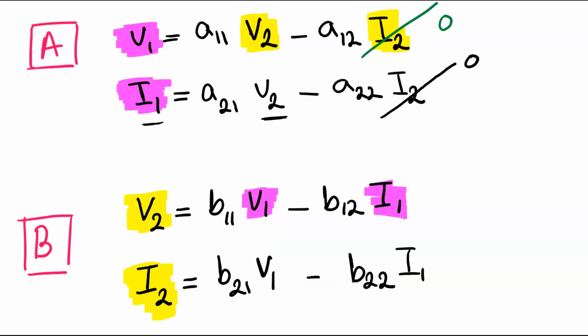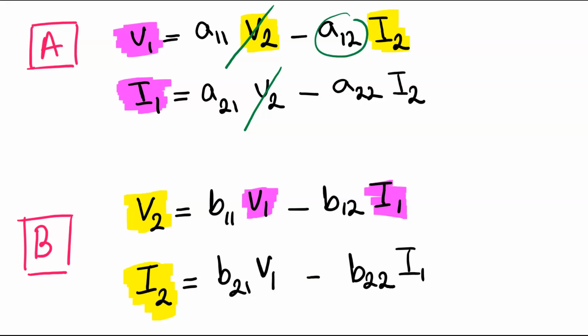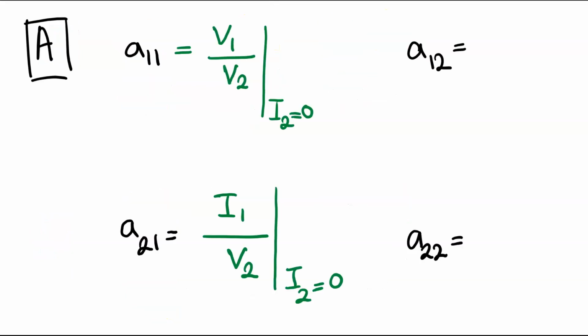Let's go back to the equation one more time. For A12, I need to get rid of this term, so V2 should be 0. Same thing for A22. I need to get rid of this V2. So for both of them, for A12 and A22, V2 should be 0. I'm going to write the constraint first here. So V2 is 0 here, and same thing here.